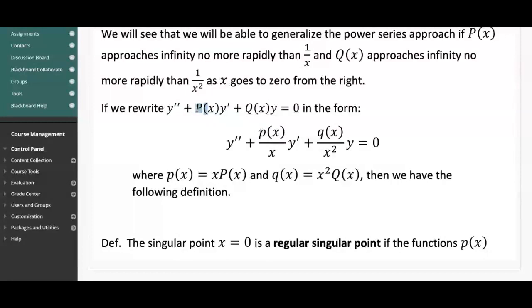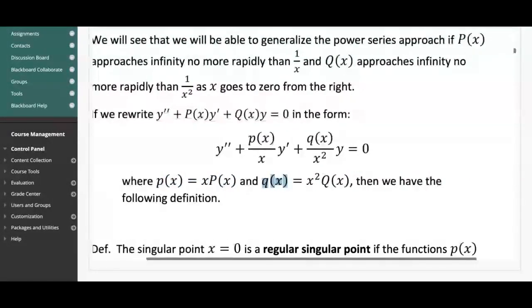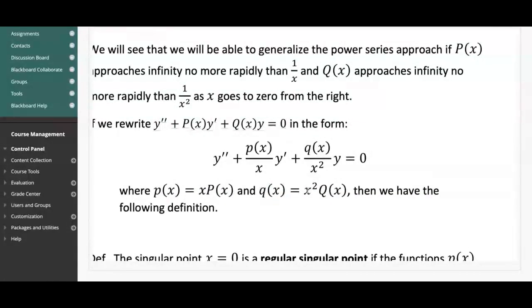So this capital letter P of x is 1 over x. So the little p of x is defined as x multiplied by capital letter P of x, which we see from Anchi's presentation. So this lowercase q of x is x squared multiplied by capital letter Q of x.